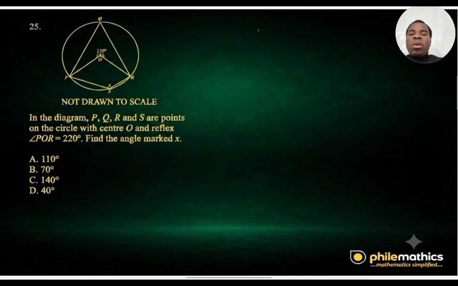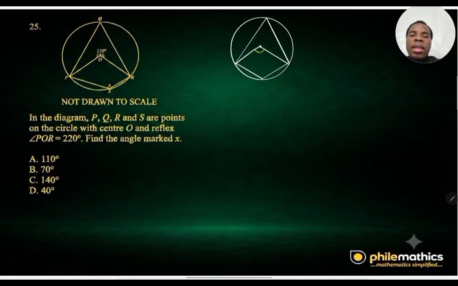Just to refresh your memory, in a circle theorem, we have the center, we know that this angle here is twice this angle here.